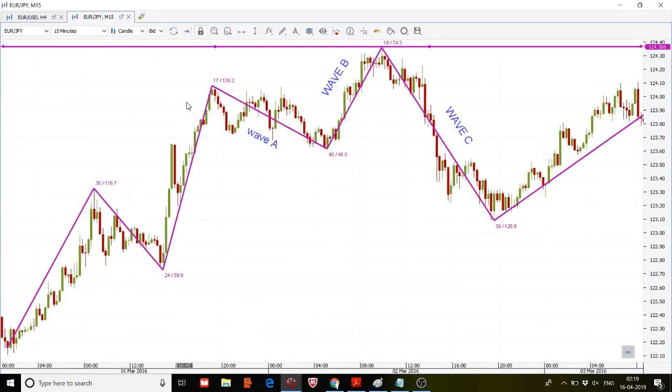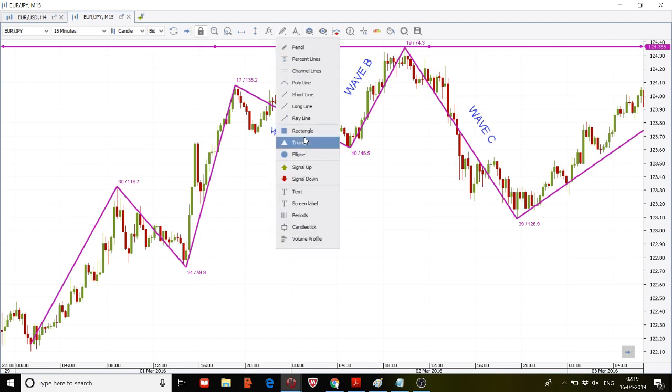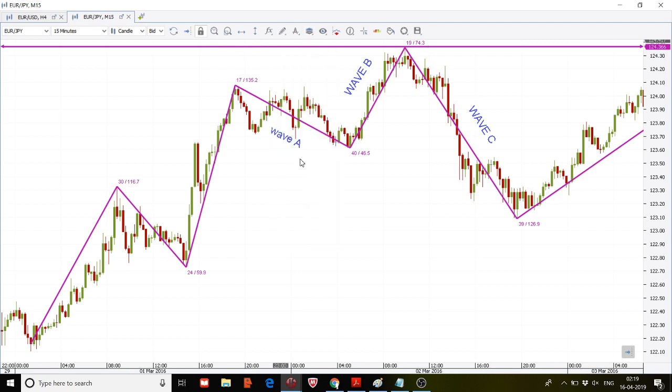So today I have described the expanded flat or irregular flat. The structure will look like this in the uptrend, and in my next series, I will describe it in the downtrend.